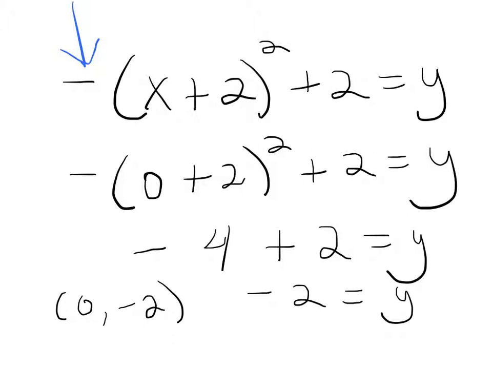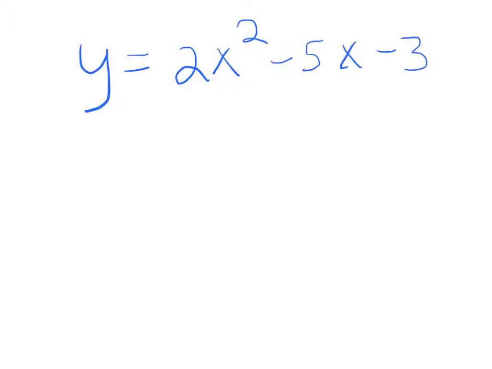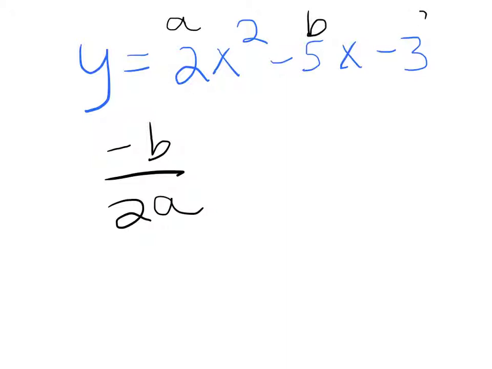The other one, number 13, let me go ahead and add a new page. We had y equals 2x squared minus 5x minus 3. Now this one is not in vertex form. So to get the vertex, I would use -b over 2a to get the x value, the x coordinate of that vertex. So the opposite of b, remember this is a, b, and c.